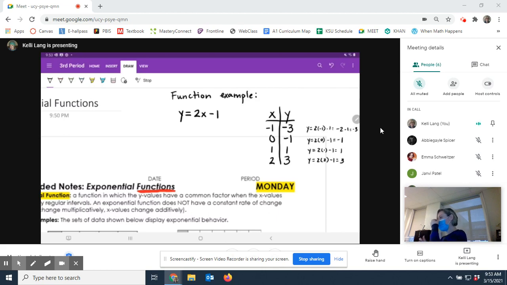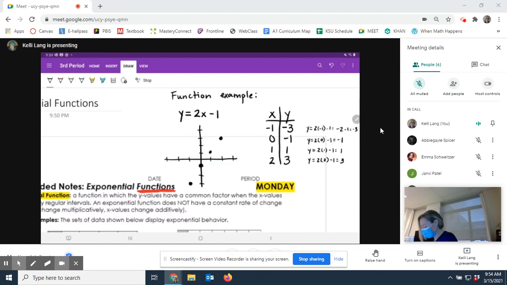And we would end up with points that we could then draw on a graph. So -1, -3, 0, -1, 1, 1, and 2, 3.